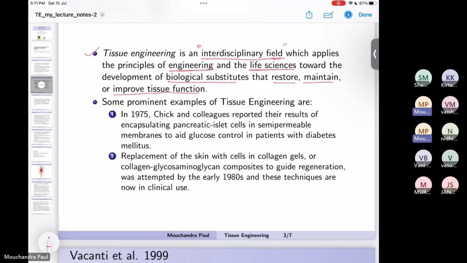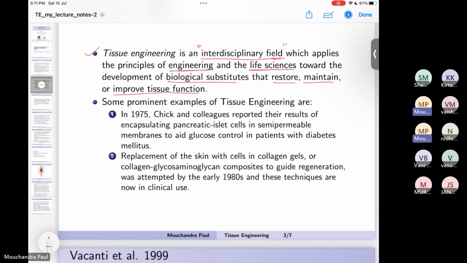Our job now is to make such tissue engineered therapies that are also affordable, so that even people belonging to the lower middle class or even below the poverty line, he or she can avail that treatment. So that should be our target.